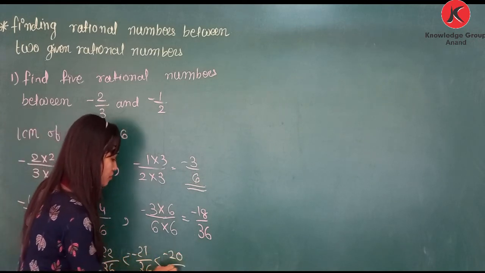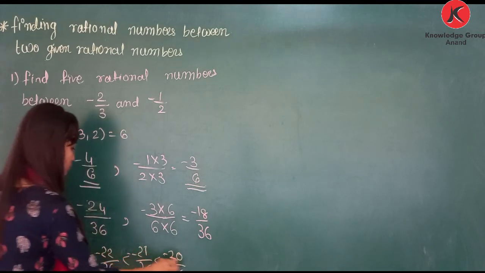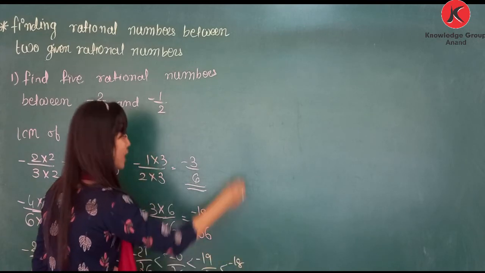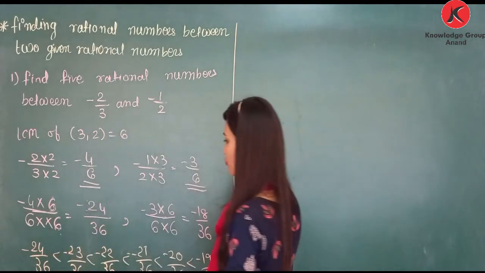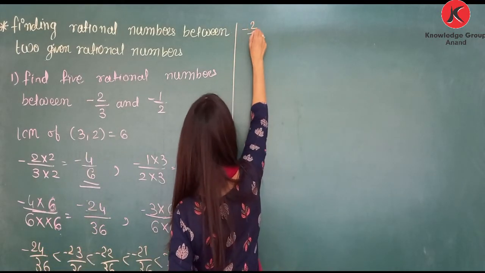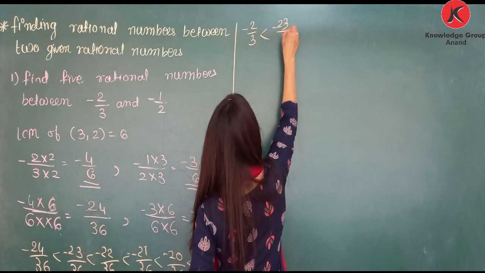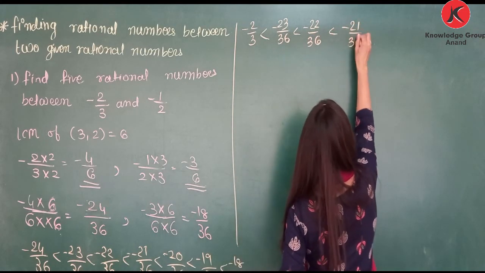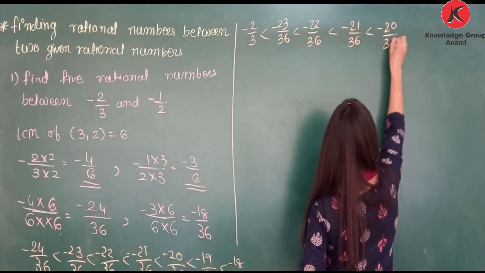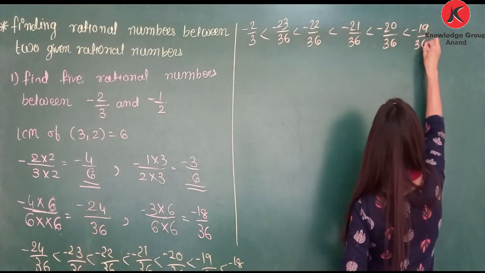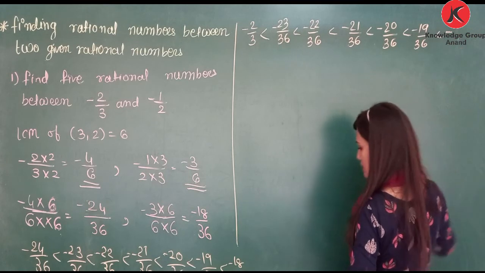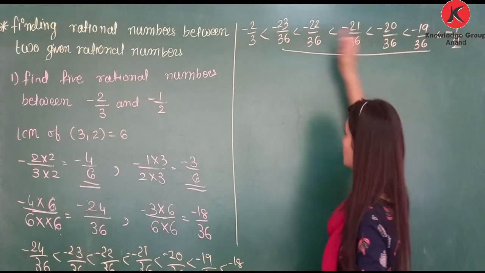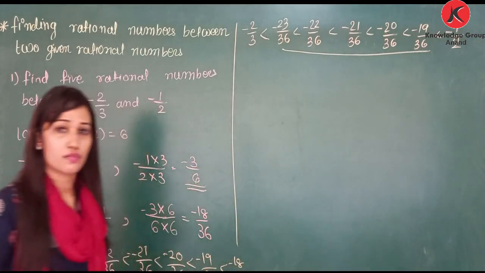Write any 5 rational numbers: 1, 2, 3, 4. But this minus 24 by 36 is nothing but minus 2 by 3, and minus 18 by 36 is nothing but minus 1 by 2. So these are the 5 rational numbers between minus 2 by 3 and minus 1 by 2.